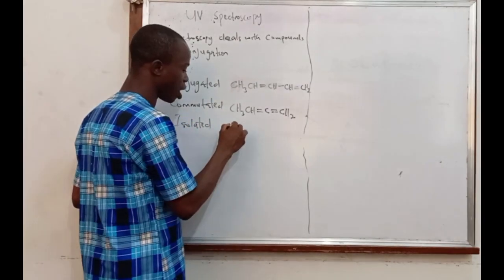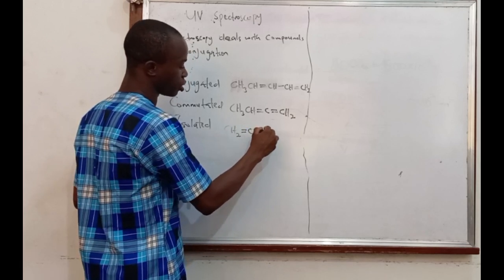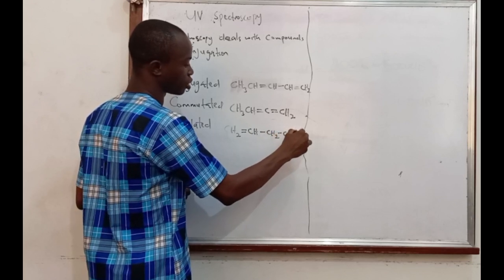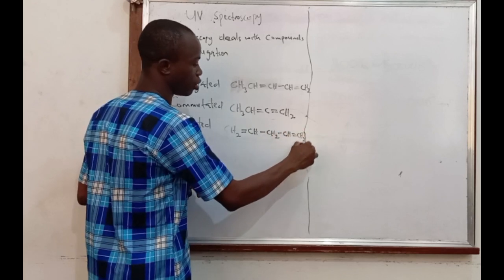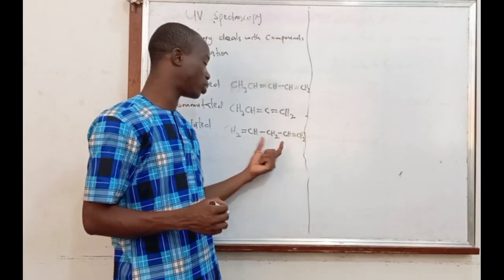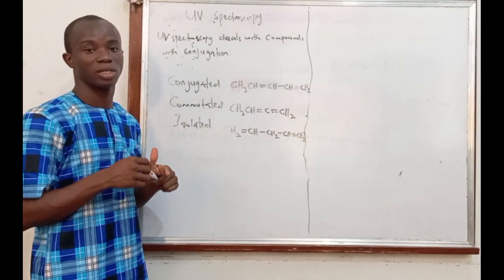An example is CH2 double bond CH single bond CH2 single bond CH double bond CH2. In this example, we have two single bonds separating two double bonds, so this is an example of an isolated system.